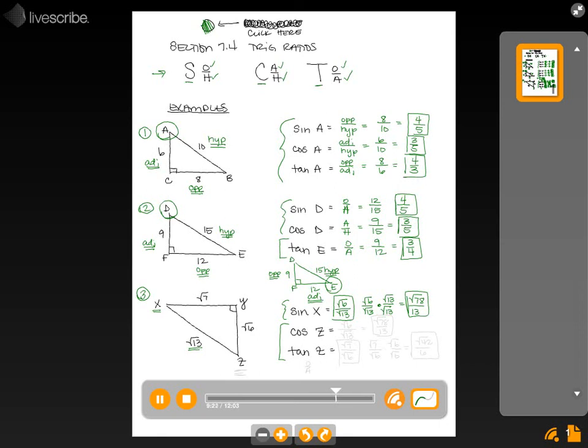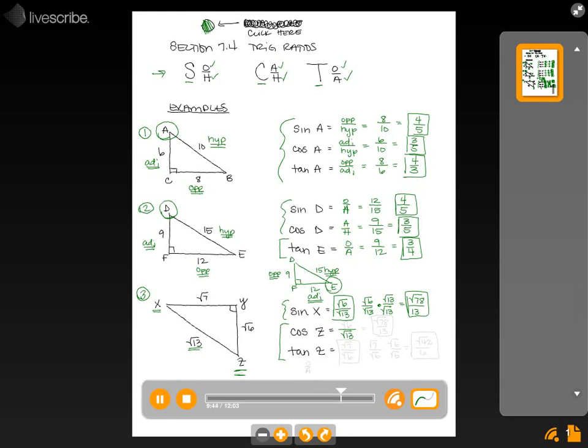Alright, the second two examples, they are based off angle Z. Now, remember we said opposite and adjacent switch when we change angles. Hypotenuse doesn't though. Okay, so the first one is the cosine of Z. Cosine is adjacent over hypotenuse. Hypotenuse doesn't change, it's going to stay square root 13.